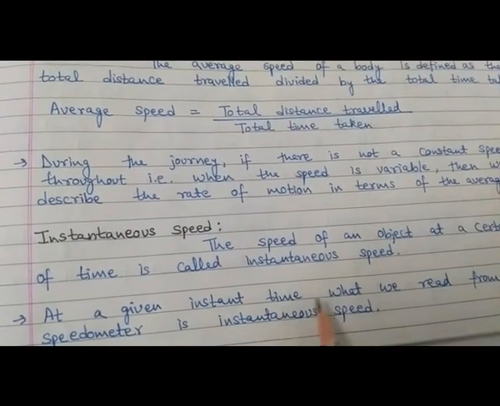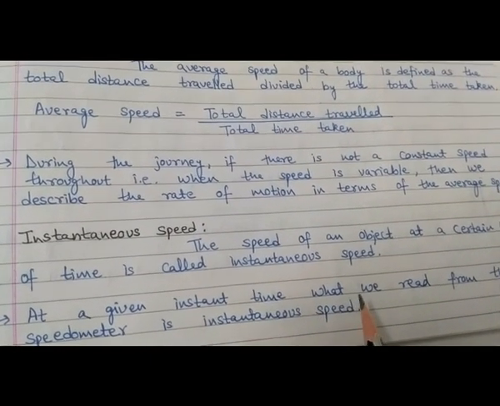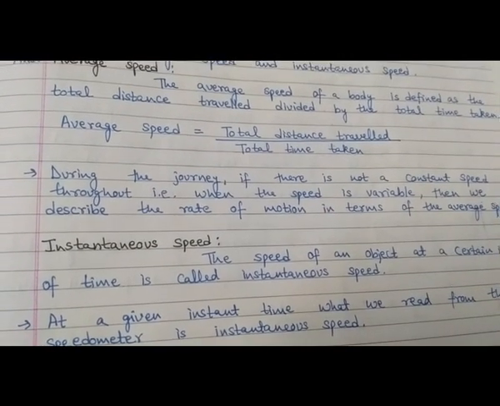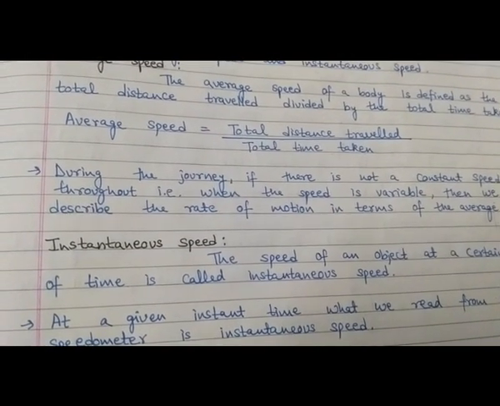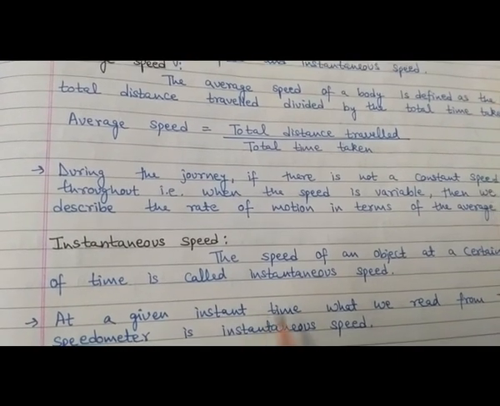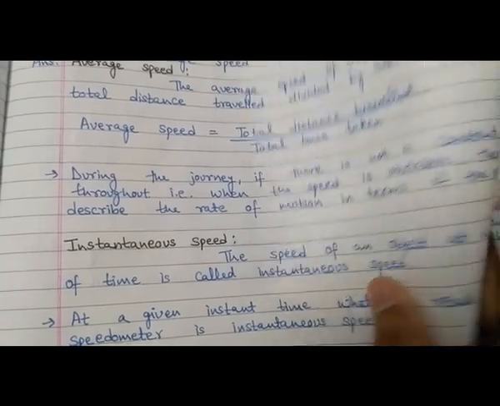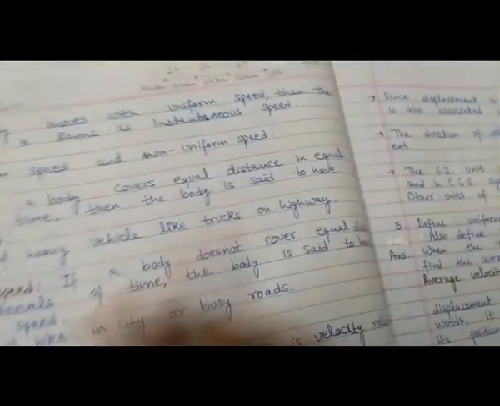At a given instant of time, what we read from the speedometer is the instantaneous speed. So in order to see the instantaneous speed, we look at the speedometer of the vehicle.